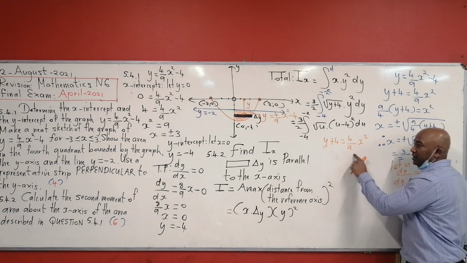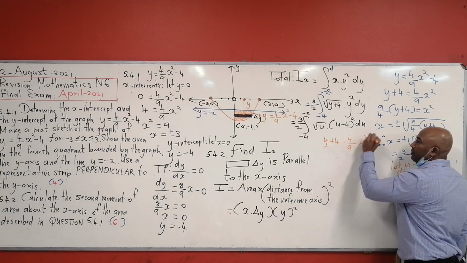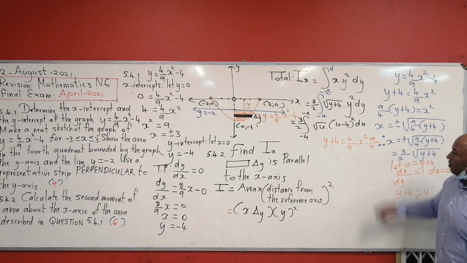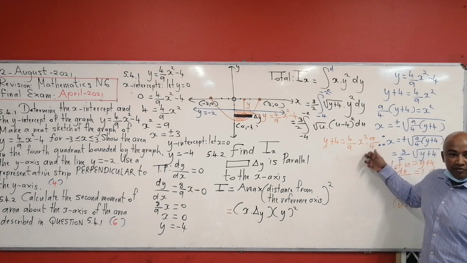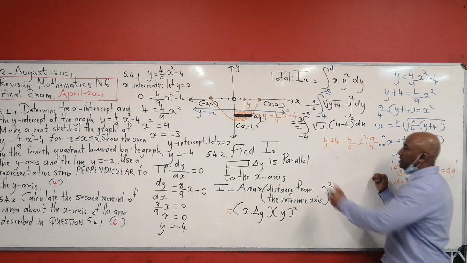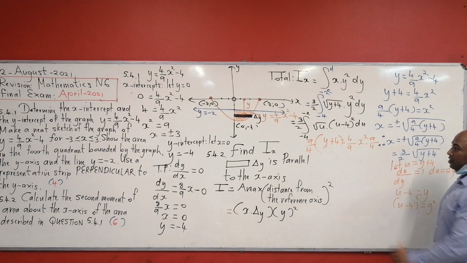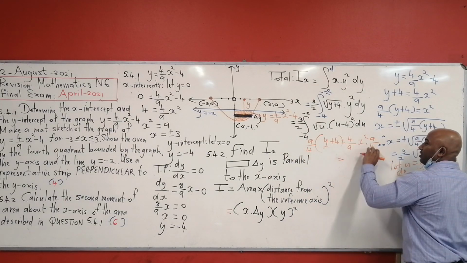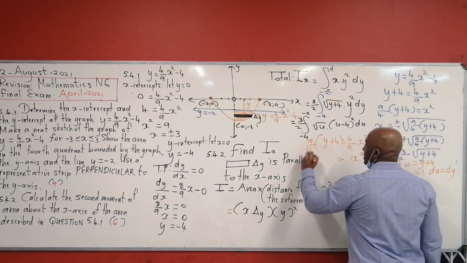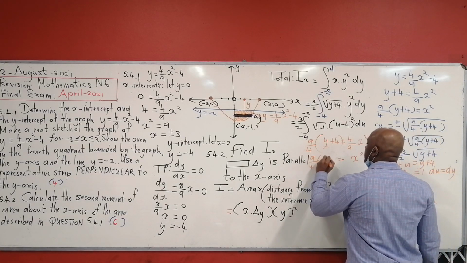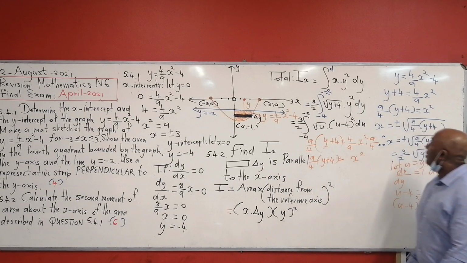So this is 4/9. I don't want 4 over 9, so I'll multiply by 9 over 4. 9 and 9 cancel, 4 and 4 cancel. Whatever I do on the right hand side, I must do on the left hand side. So 9 and 9 cancel, 4 and 4 cancel. I get x squared is equal to 9 over 4 times y plus 4.